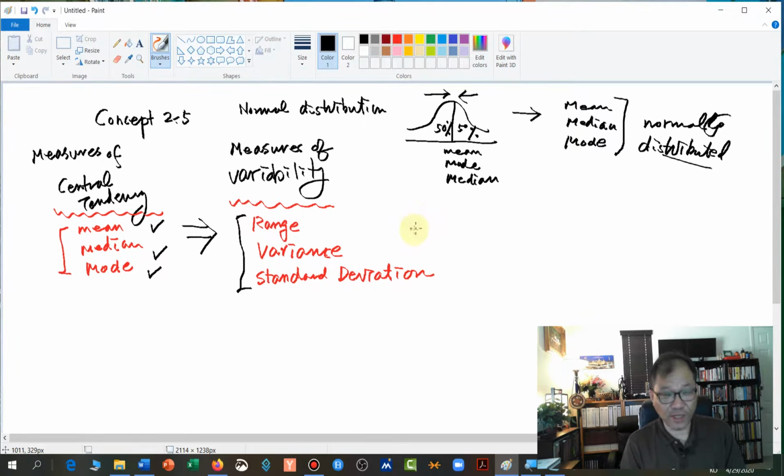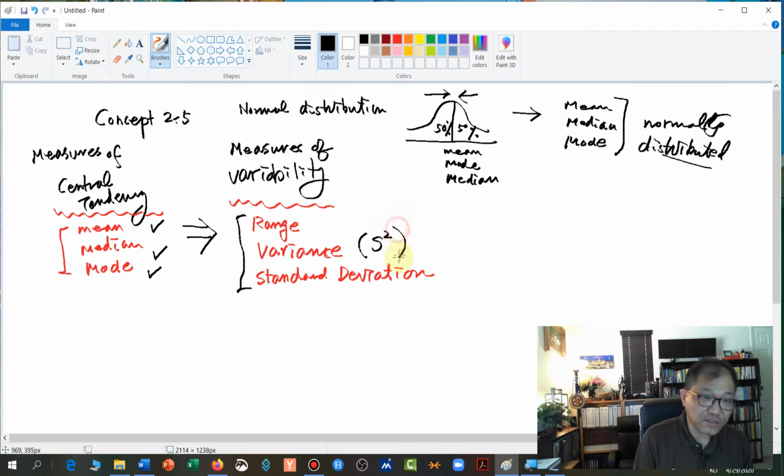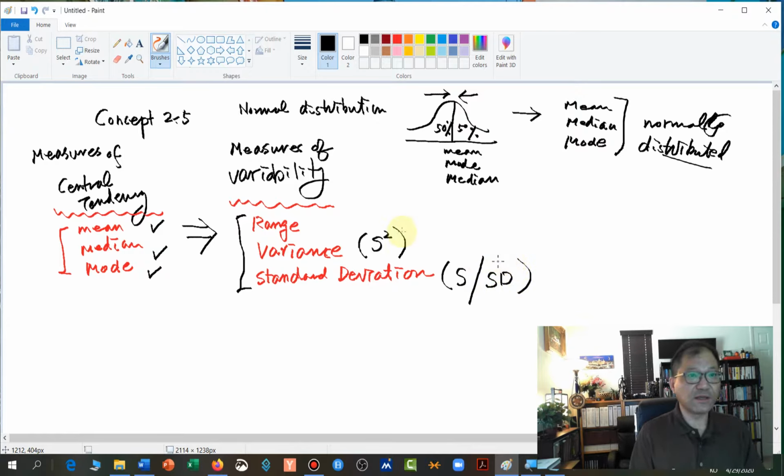I'm sure from today you need to calculate by hand or using a calculator. So variance is written as S square. Standard deviation is just S, or standard deviation, SD. Okay, range is written as italicized capital R. Mean is X bar.